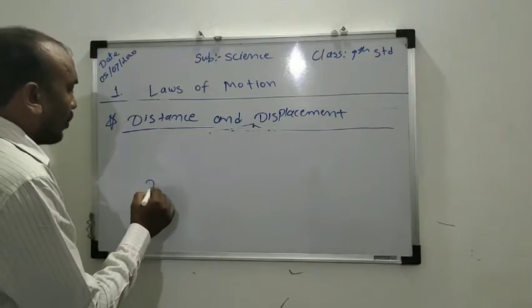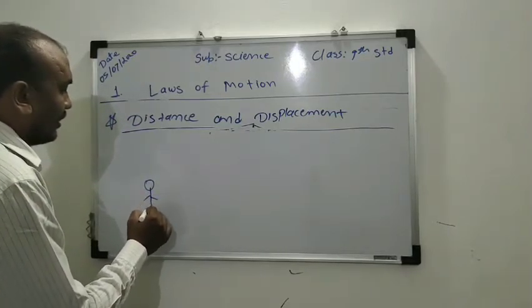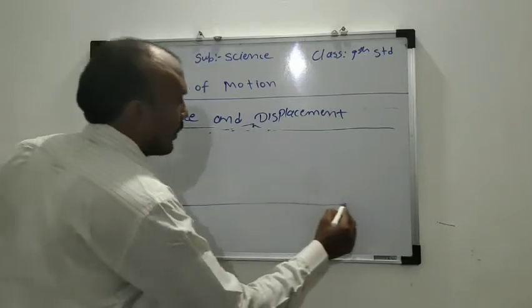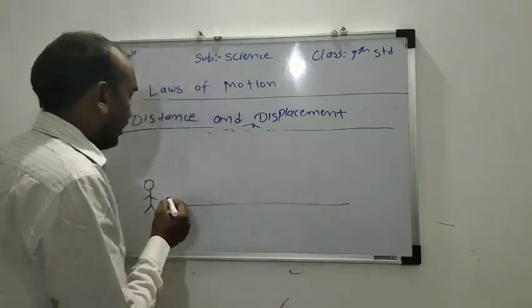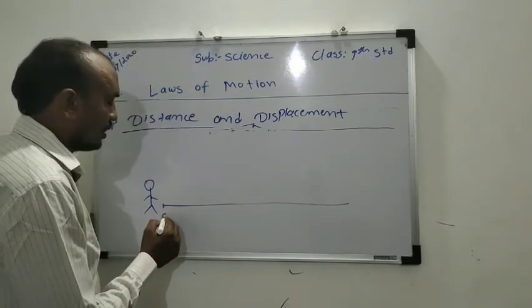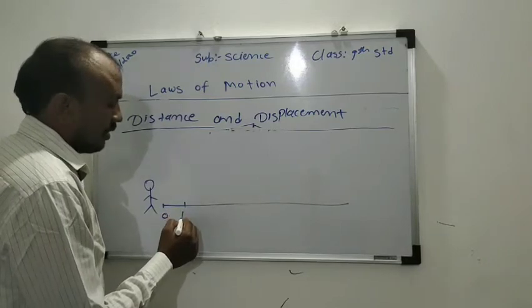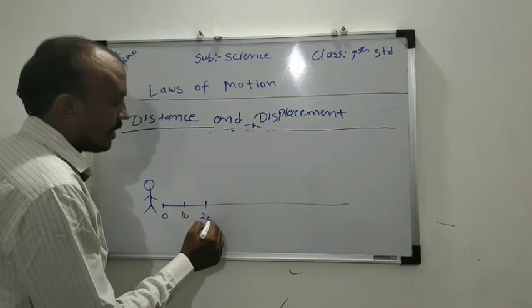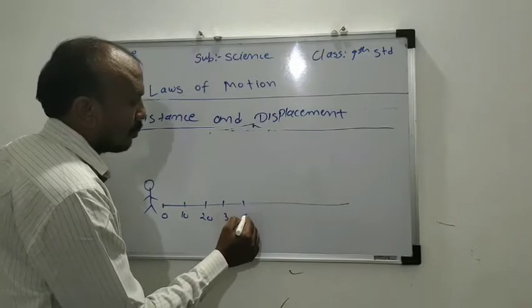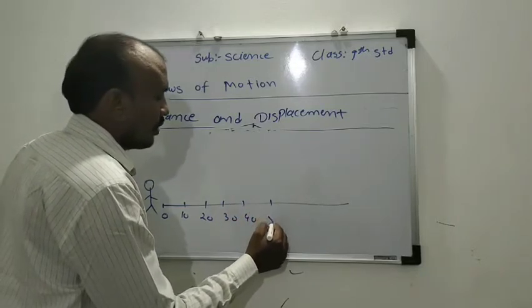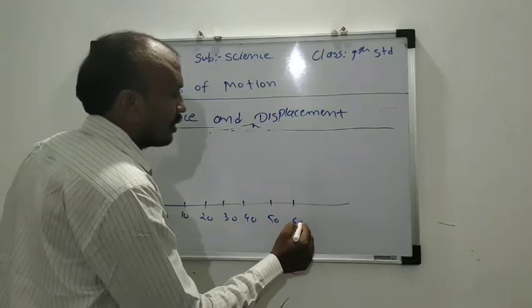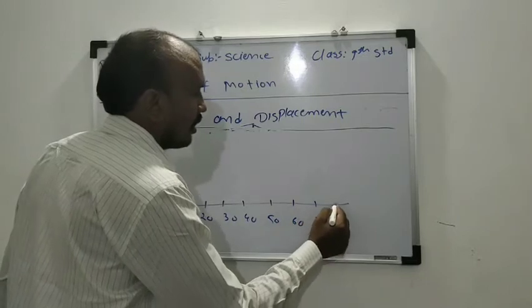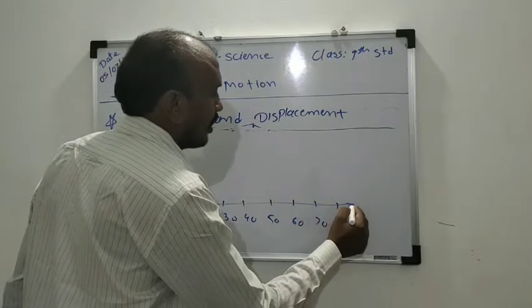Suppose one person is here. Starting from here is 0, here is 10, 20, 30, 40, 50, 60, 70, 80.